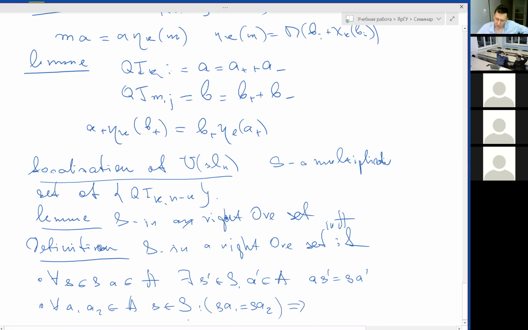It is a condition that if there is an analog of the left divisor of zero, then the same is true for the right multiplication. So both conditions are fulfilled in our case.